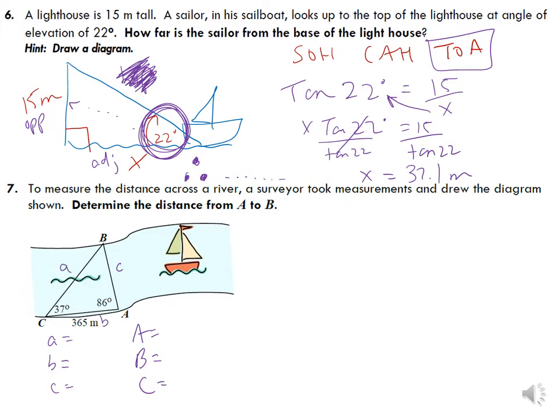So C is what you're looking for. I don't know angle C. Sorry, I wrote that question mark in the wrong spot. I'm looking for side C, not angle C. Angle C is 37. Angle A is 86. Don't know angle B. Don't know side A. Side B is 365.